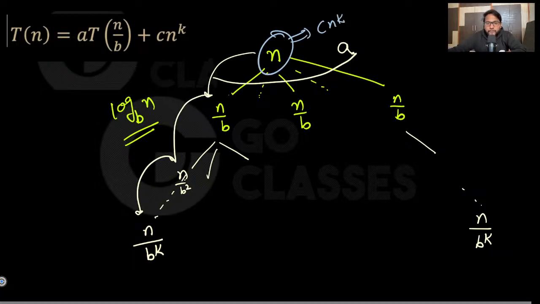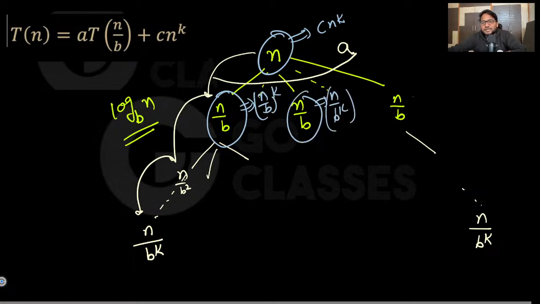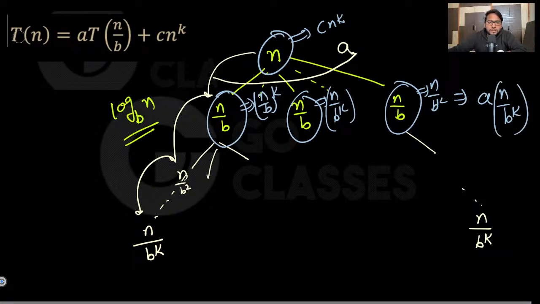At the next level, you are doing c into n upon b power k, and since there are a such things, it is a into n upon b power k. Let's not worry about the c; you can multiply by the c later on.